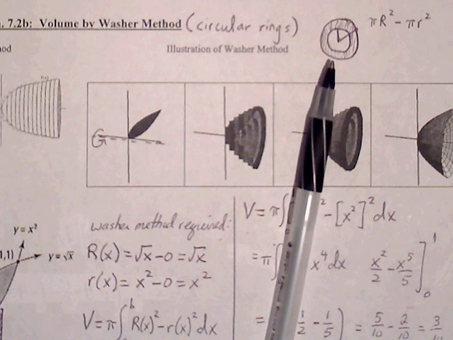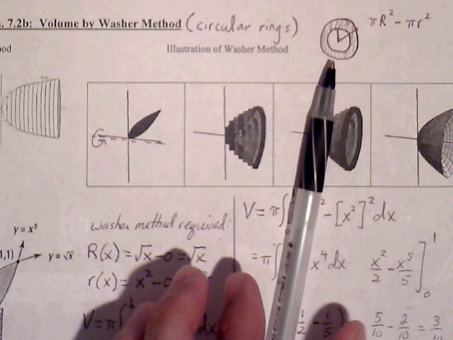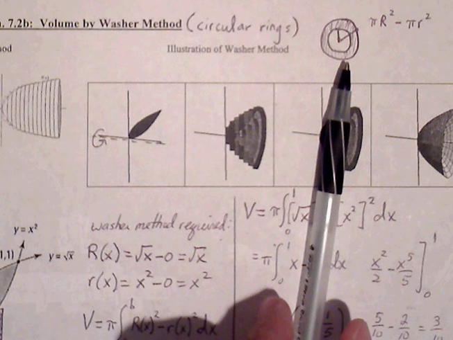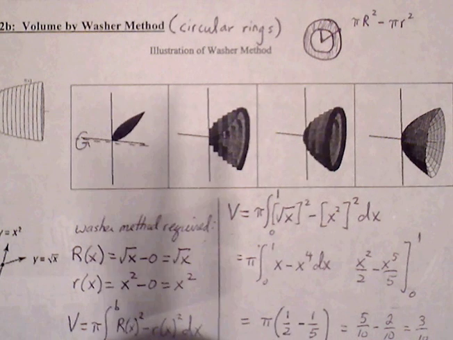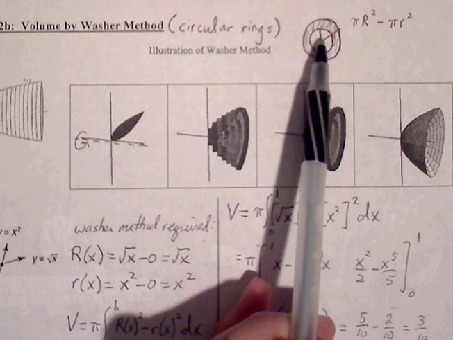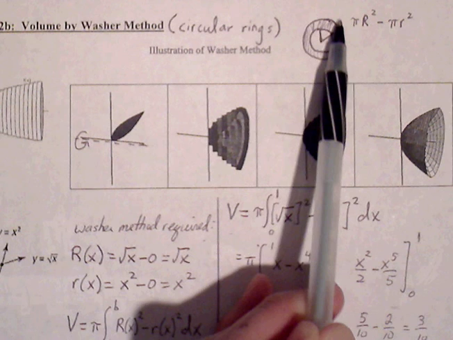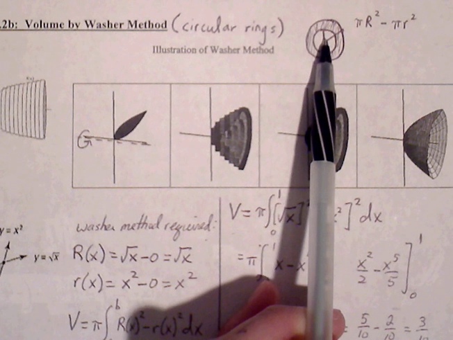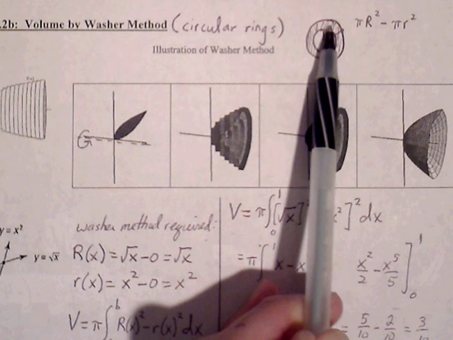So first, let me just point out something that we all already know, to give us something to look back on when we look at the formula. If you ever want to find the area of a ring, you have to find the radius from the center of that object to the outer ring, and once you find the area of that outer ring, you also have to find the radius of the inner ring, and you have to subtract it out, right?